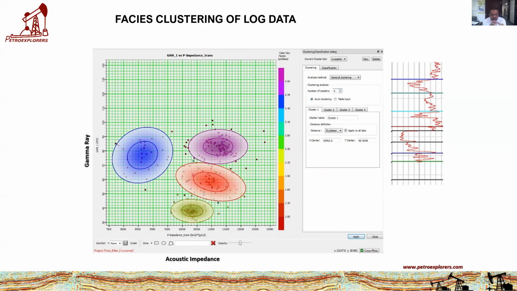That's where stochastic inversions usually deal with facies models, like the various facies: sandy facies, shaly facies, different types of shales with high impedance, low impedance. So impedance versus gamma ray can give you those PDF clusters, probability density functions, which can separate these.